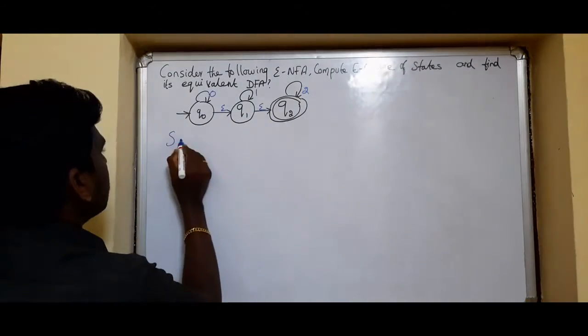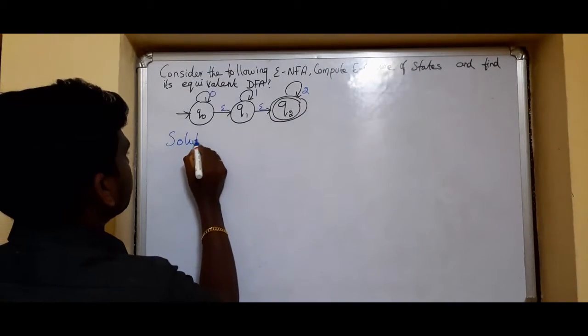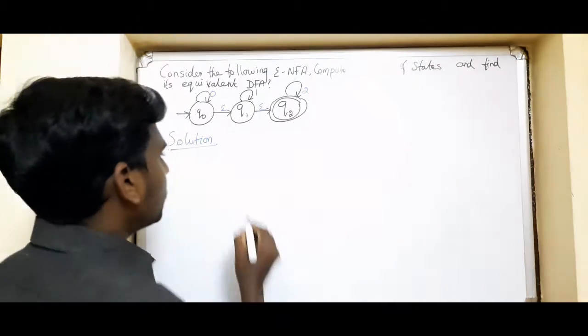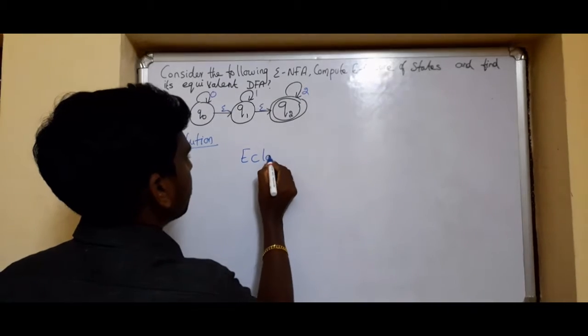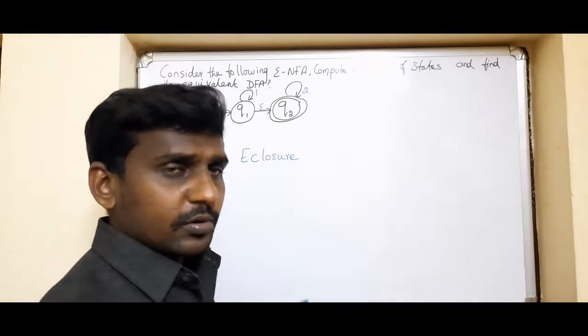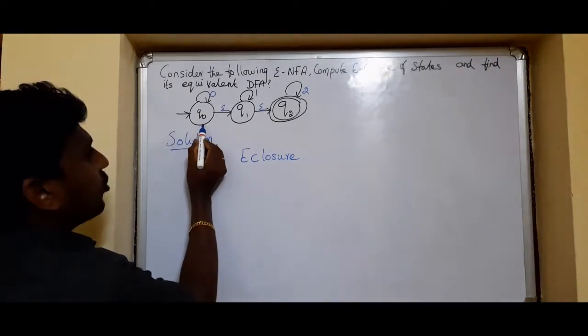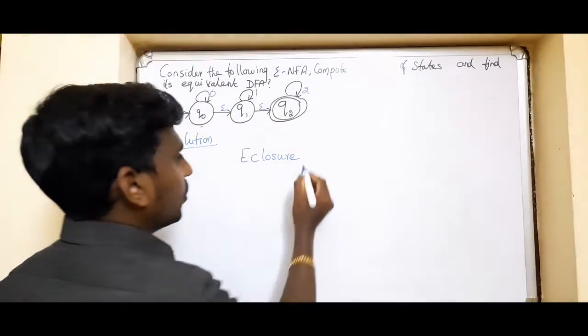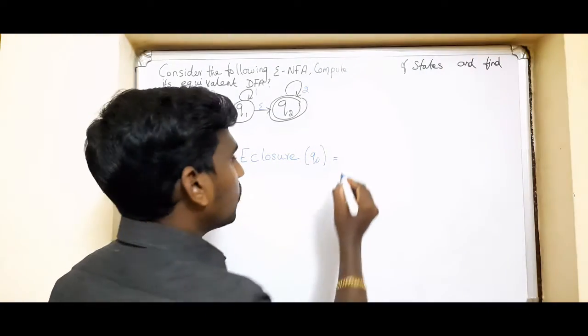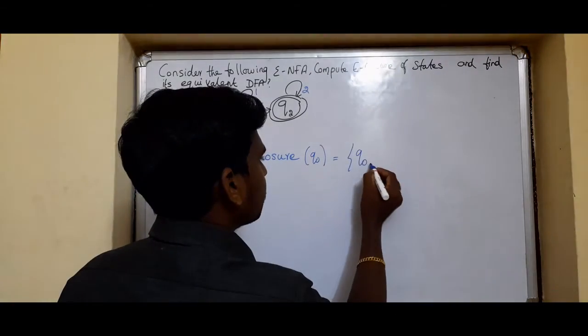There is a solution, and there are some steps you should know. What is E-closure? If I want to find E-closure of this state, Q0, I have to write Q0 first.